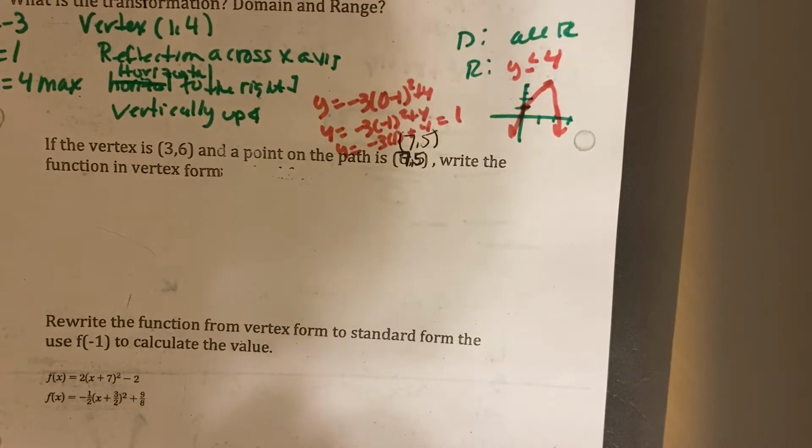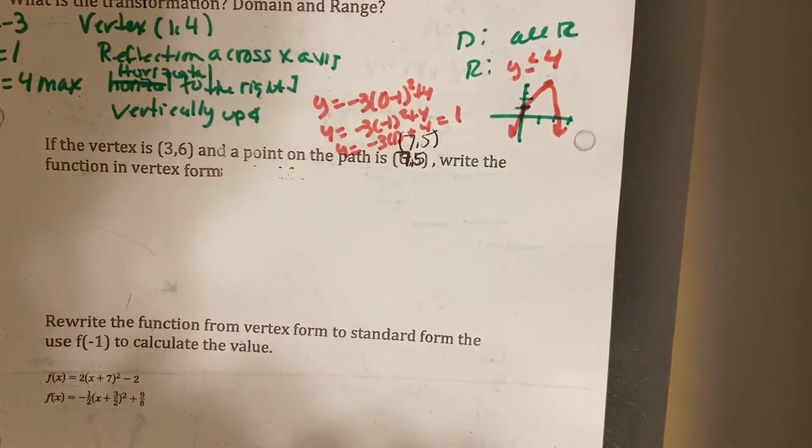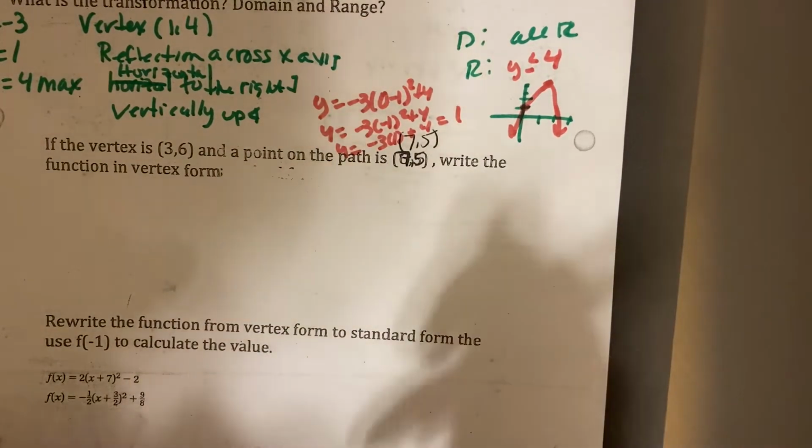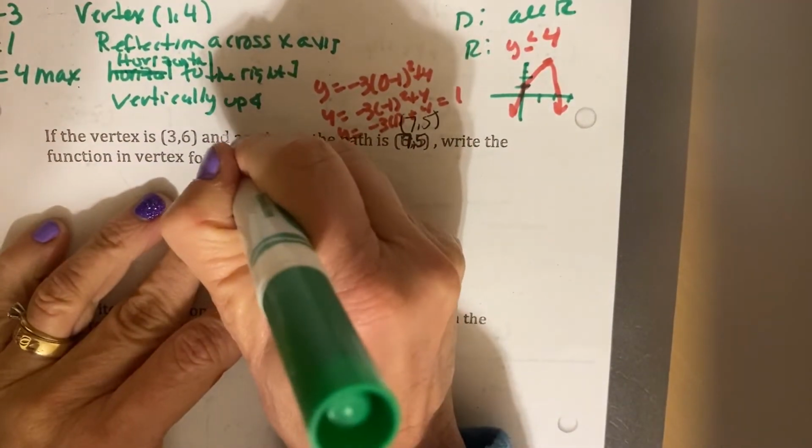All right. If the vertex is (3, 6) and the point is on the path (7, 5), write this in vertex form. So we have to find A when it tells us to write it in vertex form.